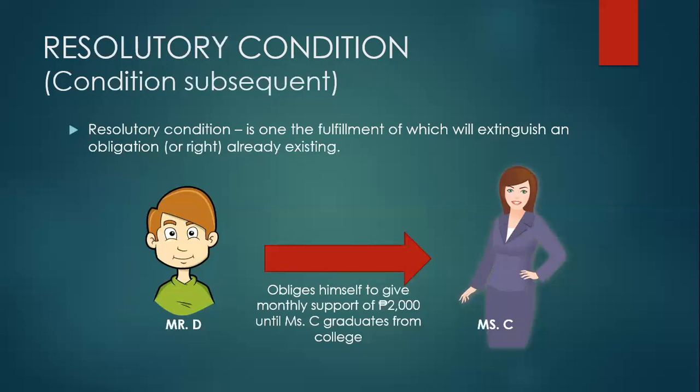Once Miss C graduates from college, then the obligation of Mr. D to give Miss C a monthly support of 2,000 pesos will be extinguished because here the condition is a resolutory condition, which, if fulfilled, will necessarily extinguish the obligation or right already existing.